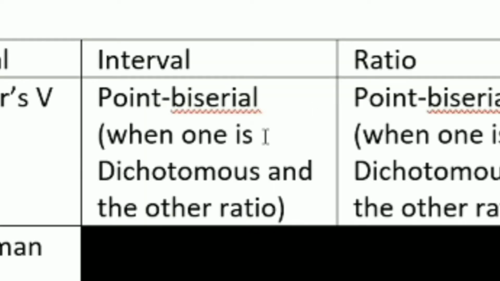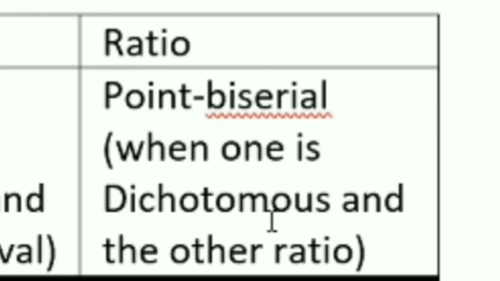If one of your variables is what we call a dichotomous variable, meaning we only have two categories, and the other one is at least interval. Then for this test, the condition would be that one of the variables must be a nominal variable and the other one is a ratio variable.